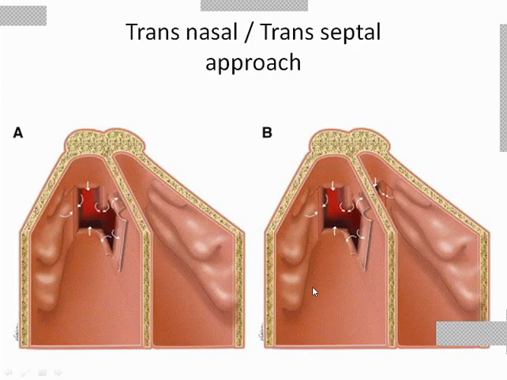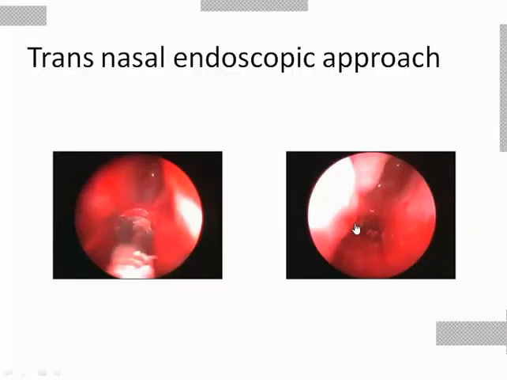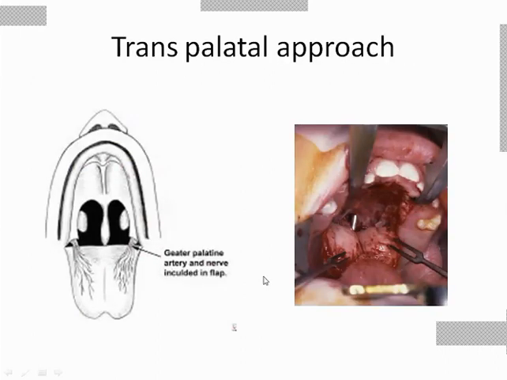This is the transnasal transseptal approach. And this is the transnasal endoscopic drilling approach. And then the transpalatal approach, with Wilson's transpalatal incision, through which you reach the atretic plate.